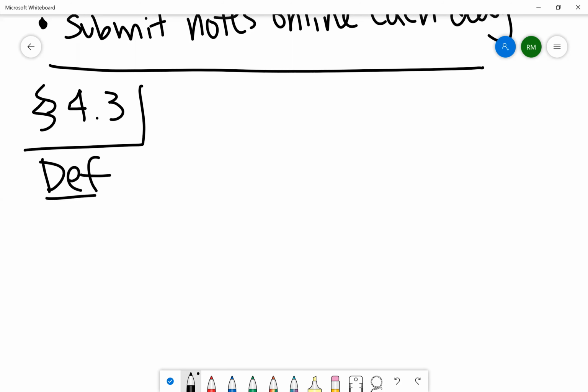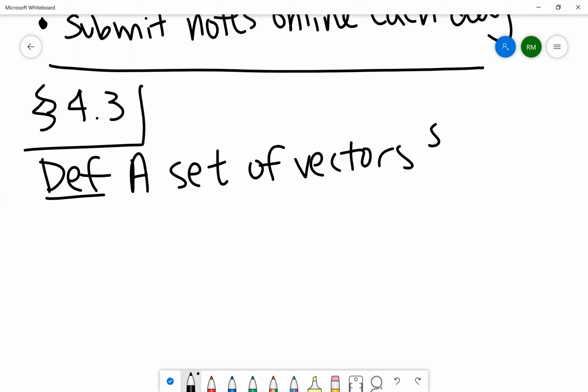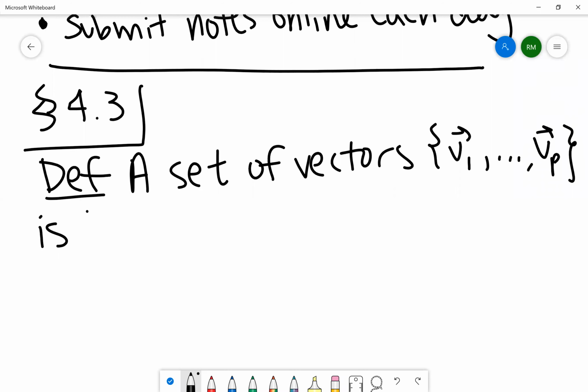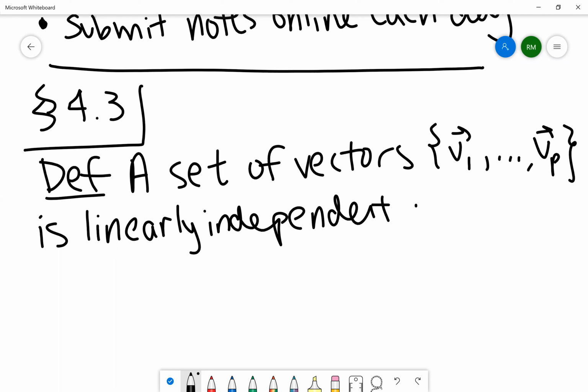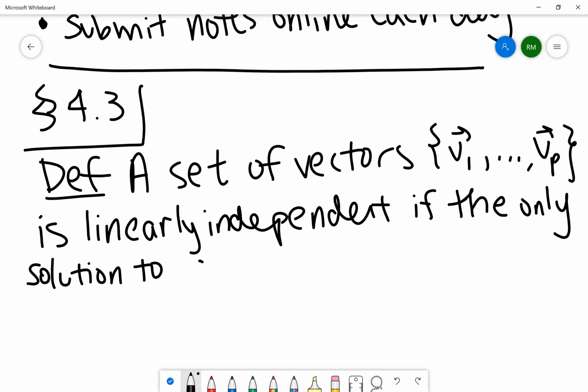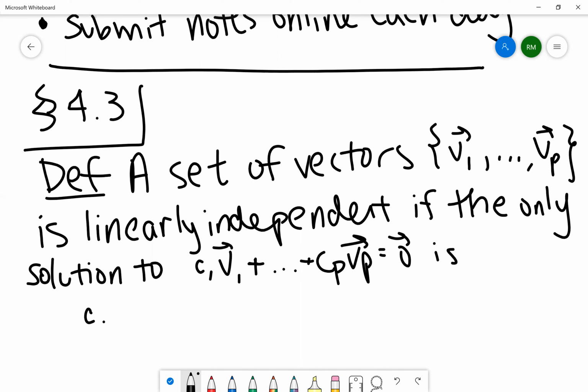It has the same definition as before. A set of vectors v1 up to vp is linearly independent if the only solution to this equation is the solution where c1 equals c2 equals cp equals 0.